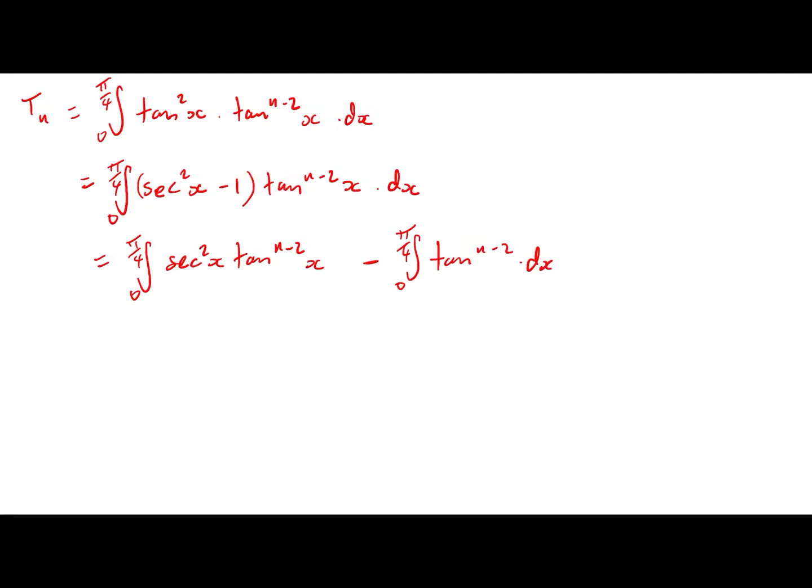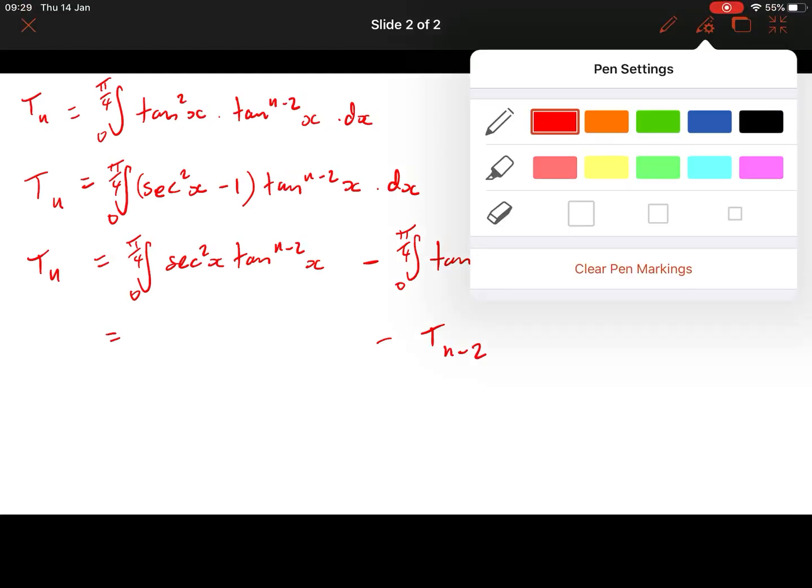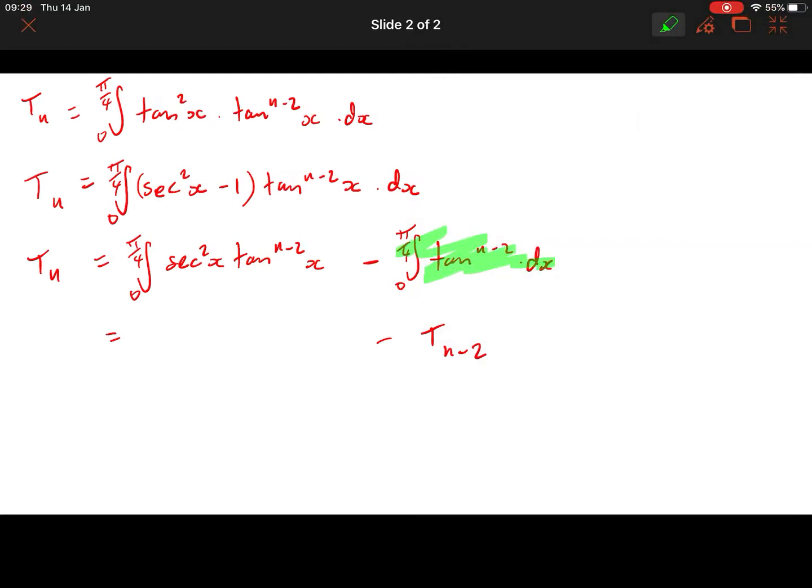We actually don't need to use integration by parts this time, because these are actually quite easy to integrate. Okay, what we've got so far. Certainly this is Tn. This actually is T of n minus 2. Okay, so I can just change that. That's what it is.